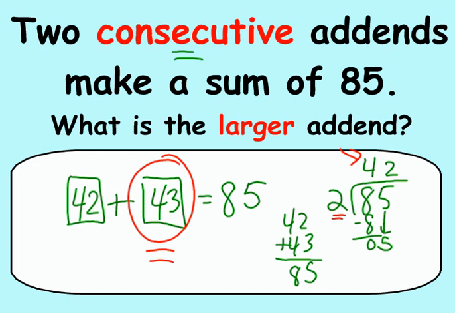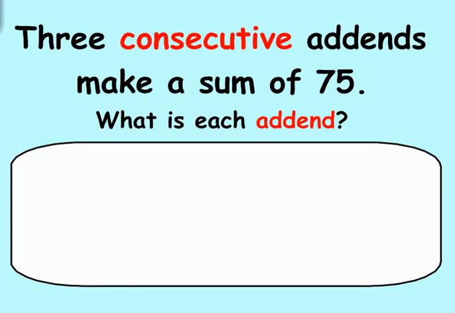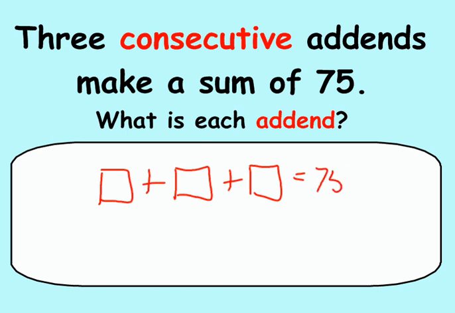Let's do another example of that. This says 3 consecutive addends make a sum of 75. What is each addend? So we have 3 addends in this question. They give us a sum of 75. What is each addend? Well, 3 consecutive addends.